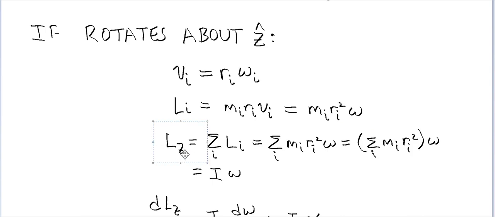The Lz is just the sum of all of the incremental little bits of angular momentum, the sum of our MR squared omegas. If they all have the same angular speed, though, then I can bring that out of the summation and say that this is equal to the sum of mi Ri squared times omega. But the sum of all the mi Ri squareds is just what we've been calling the moment of inertia I. And so we can say that Lz is just equal to I omega.